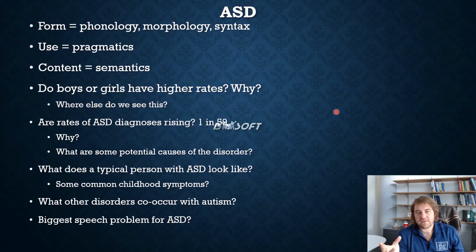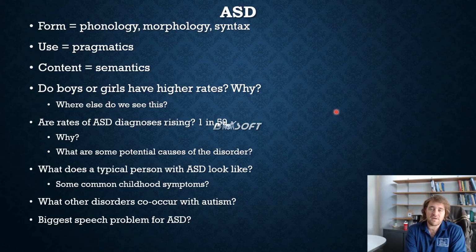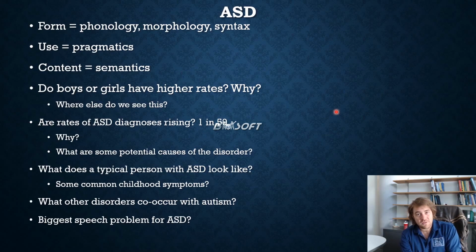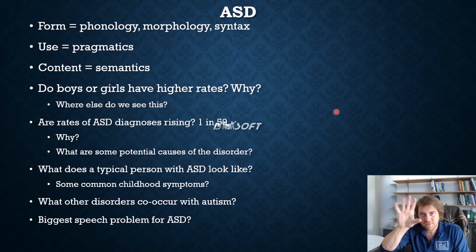Boys have a higher rate of ASD than girls. Why? Well, possibly just the way that they externalize their symptoms. It's more obvious, and it might not be as obvious for girls. We also see this in communication disorders, and once again, it's possible that this is a similar reason. It's just more obvious in boys because they're louder and they externalize their symptoms more.